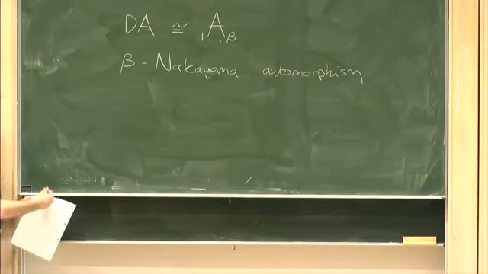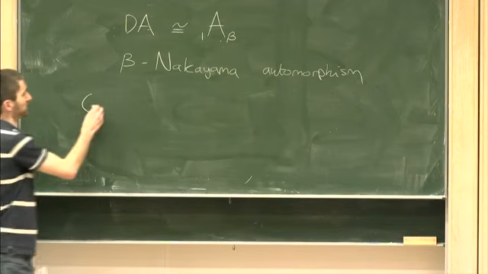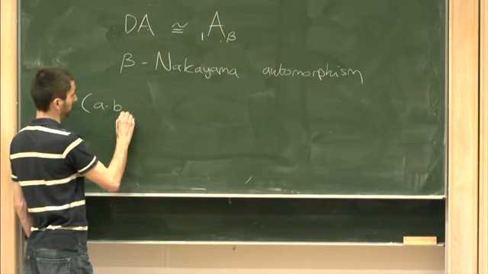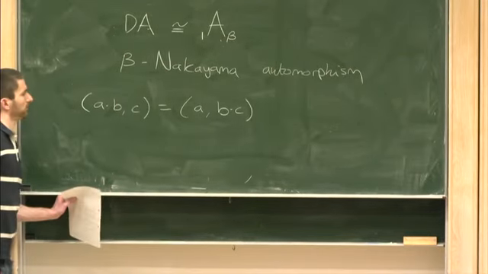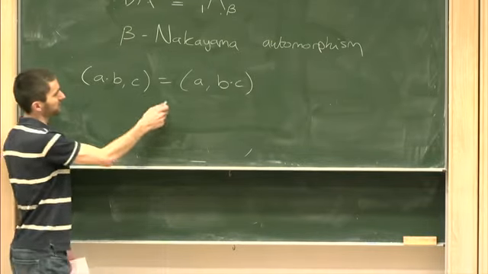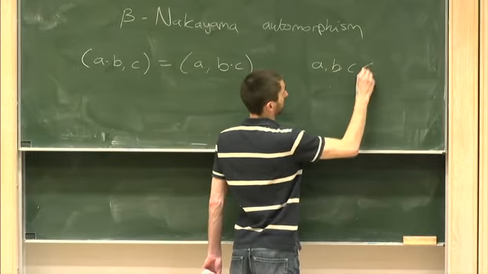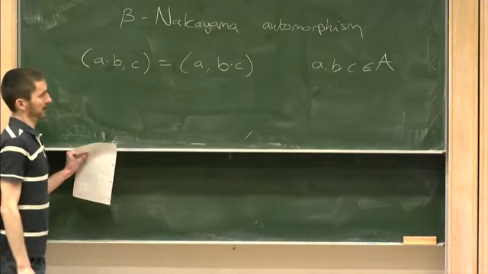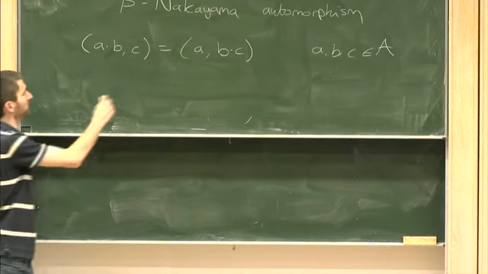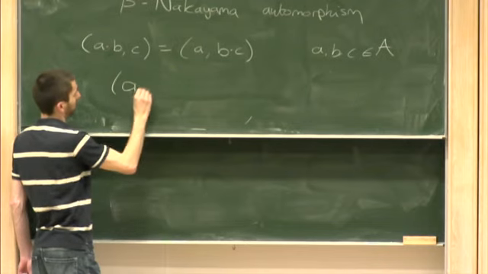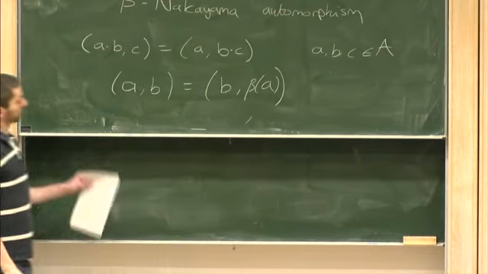Equivalently, Frobenius algebra means that there's some non-degenerate bilinear form which satisfies the property that if we apply the bilinear form to A, B, and C, it's the same as on A and BC, for any elements in our algebra, and you can conclude from the above the following property.